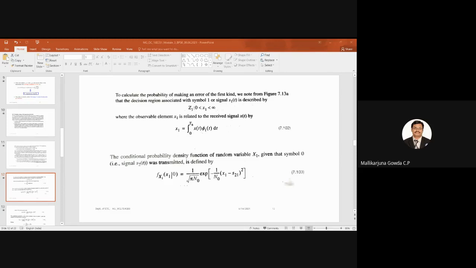Already we are aware of this. Given that symbol 0 is transmitted, we write 1 by root of pi N0 e to the power minus 1 by N0 of x1 minus s21 whole square. I hope you have remembered the general expression. Here the value is substituted. It is still written in general form, but s21 is the mean of this random variable.